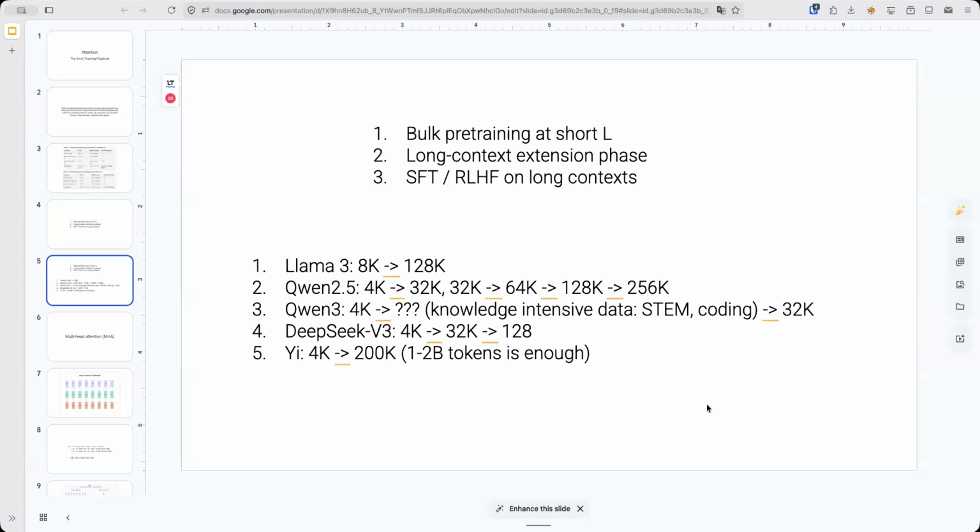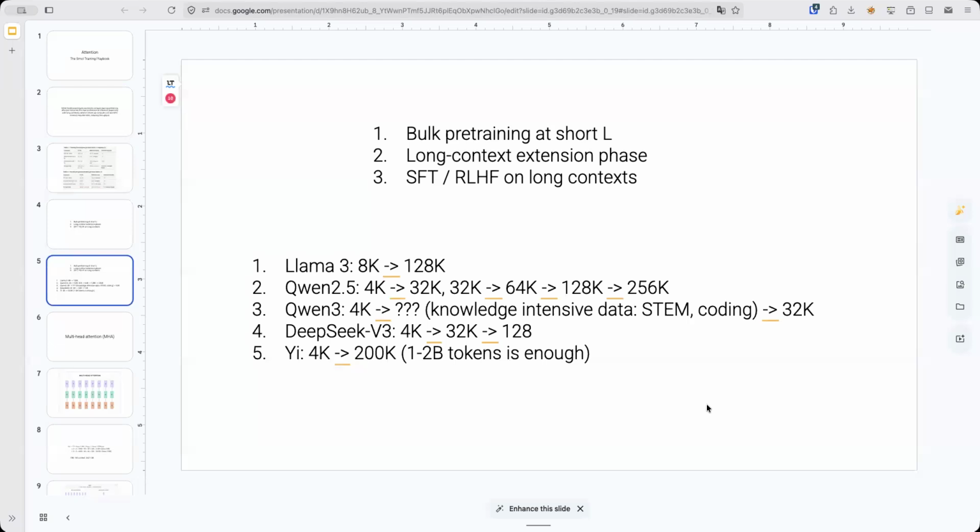We have Llama 3, which does bulk pre-training at 8K and then goes to 128K. We have Qwen 2.5, which starts with 4K and goes to 32K, and Qwen 2.5 Turbo, which goes through four different stages: 32K, 64K, 128K, and 256K.